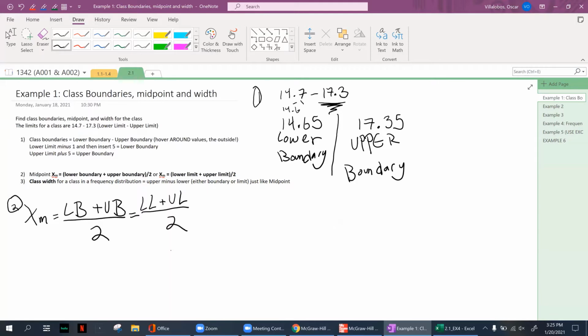So the lower boundary, this is going to be 14.65 plus 17.35 over 2. And let's see what that gives us in the calculator.